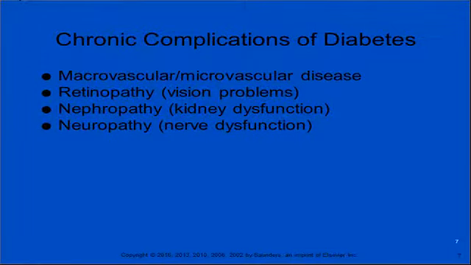It reduces the kidney function, and that's what leads to kidney failure. Of course, diabetes is the leading cause of chronic kidney disease. One of the early signs and symptoms of nephropathy is microalbuminemia. That's small amounts of albumin in the urine, and then you're going to have elevated uric acid levels.